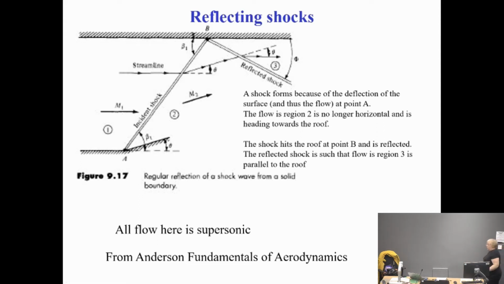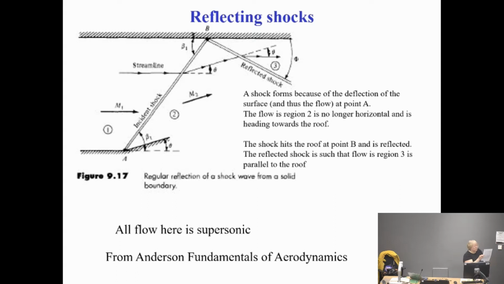So how do I actually find beta in the next one? Well, all I do is I take that Mach number, and the first thing I say is, right, I know that it's changed by theta, so I look at theta again as a deflection angle, but this time I look on a different curve, the one related to region 2's Mach number, not region 1.